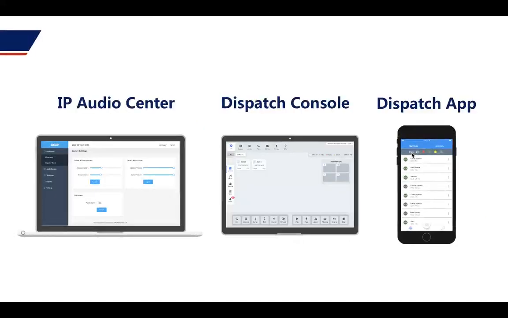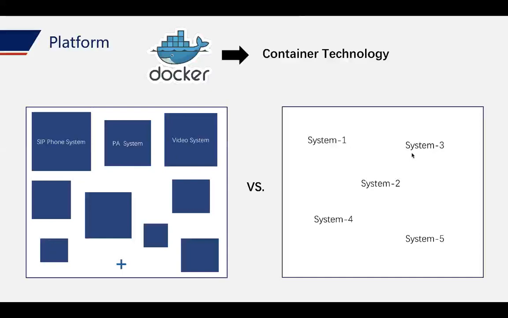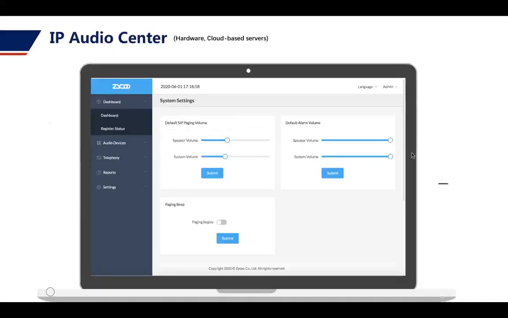And software, we have three different software. We got the system, we got the console, and also we got our apps. The center is the system that you can deploy on a hardware server, a cloud-based server, and also a virtual machine.